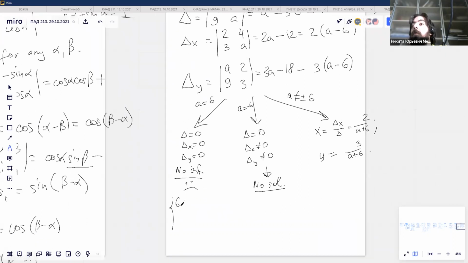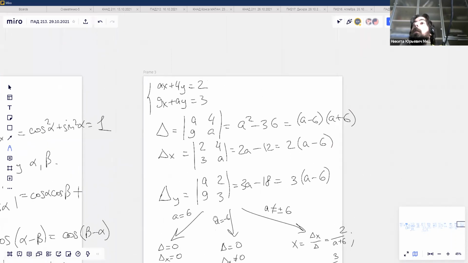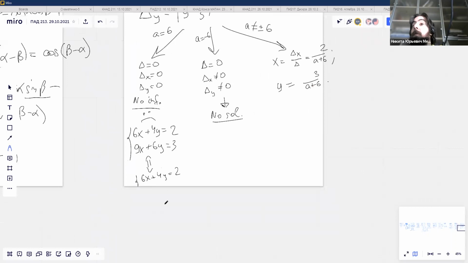We have to consider the system. We have to put this 6 instead of a and solve this system by hand. Well, those equations are proportional.